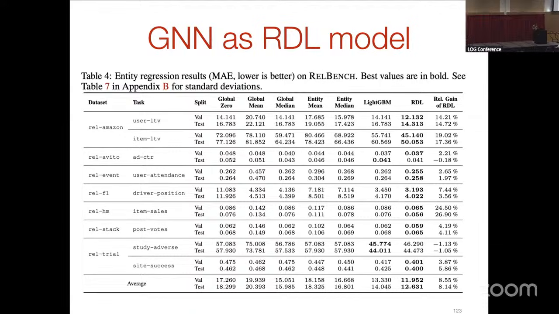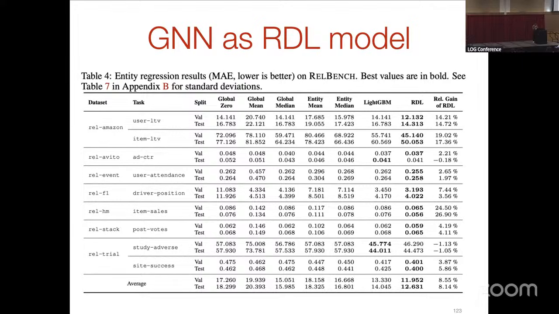complicated, in the sense that we have tasks such as user LTV, which is to predict the user's long-term value in an e-commerce platform. We have driver position, which relates to regressing a driver's position in a Formula One database, sales of items, etc. These are very complicated tasks, and there's a big gap to fill, and I'm sure this will be a topic of interest for many of us in graph machine learning.